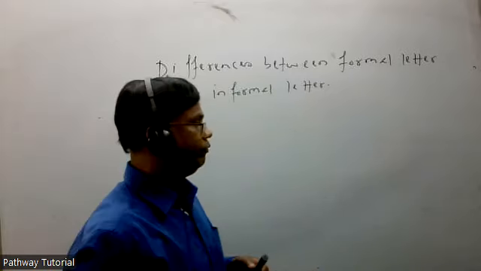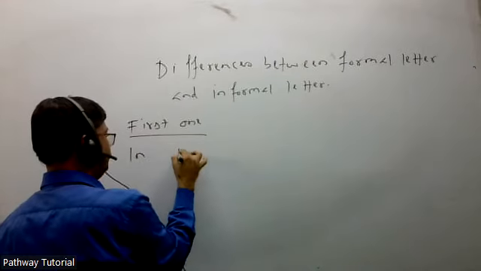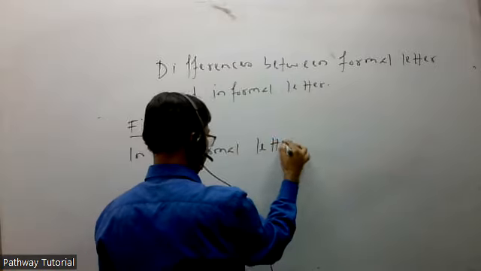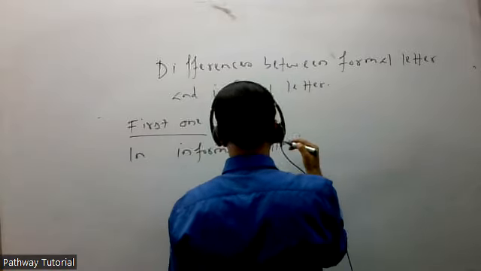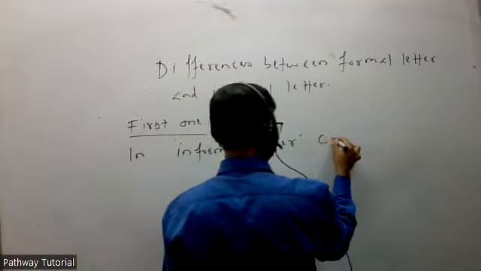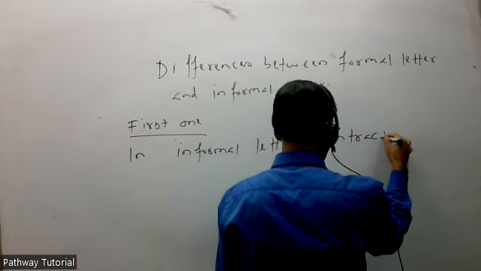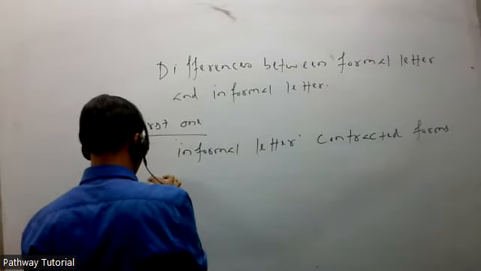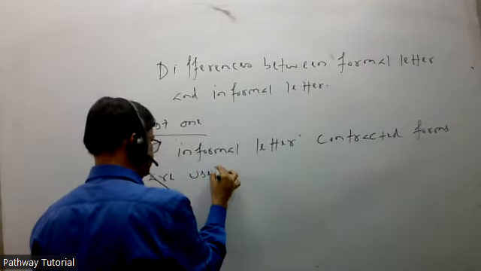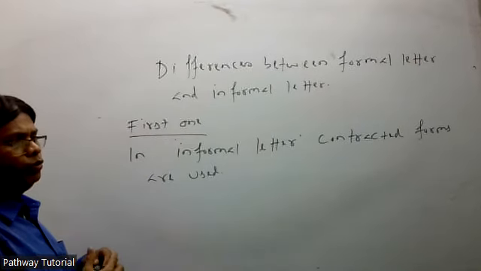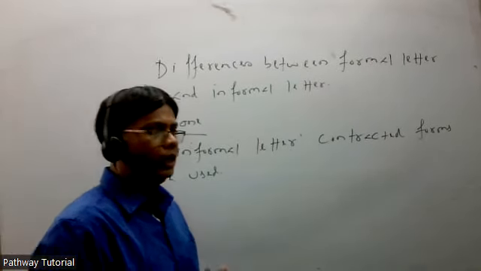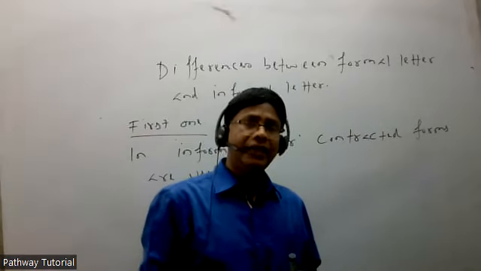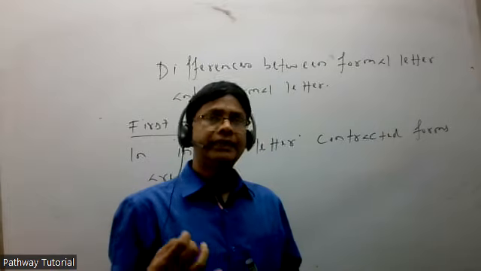So in informal letters, contracted forms are used. We have to know what contracted forms are. So we know I had, I'd; I would, I'd; he has, he's; he is, he's.